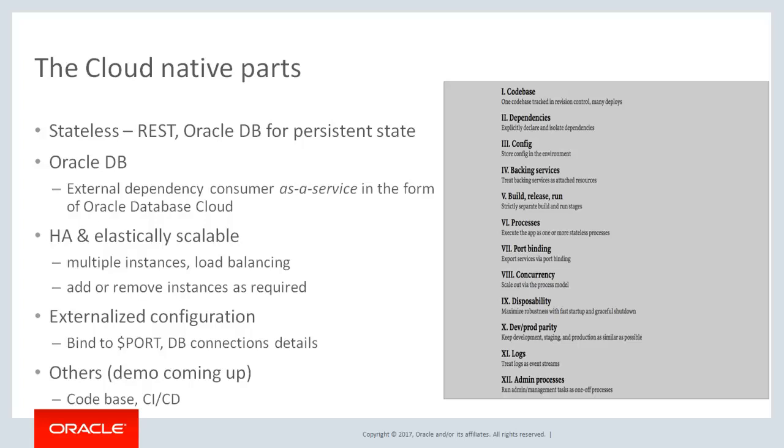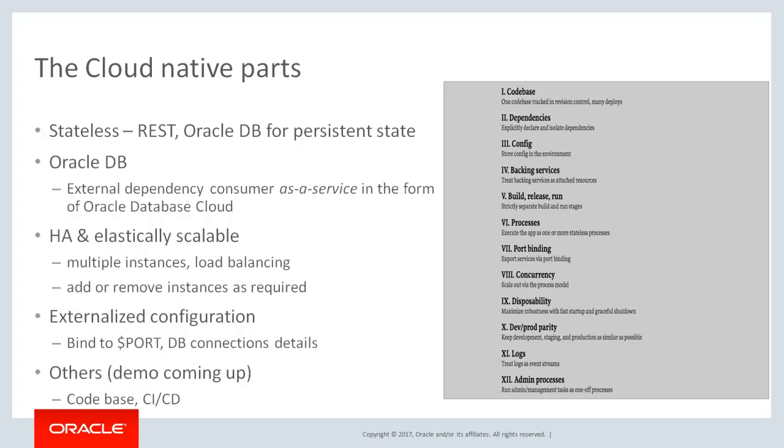So to start with, it's a stateless application, exposes a REST API, and for persistent state, it uses the Oracle database in this case. The Oracle database itself is consumed as a service, as a declaratively configured service, just as any other external resources should ideally be consumed in a cloud native world.